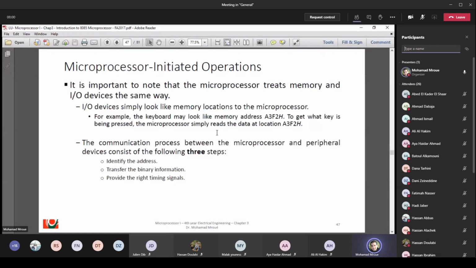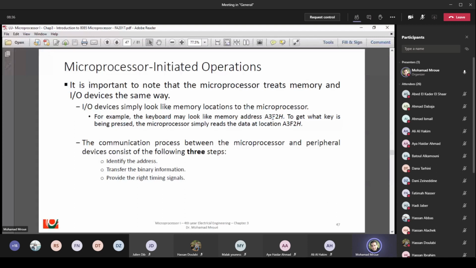It's important to note that the microprocessor treats memory and input-output devices the same way. So input-output devices simply look like memory locations to the microprocessor. For example, the keyboard may look like a given memory address. Now we know that the address for the 8085 is 16 bits. So I will have 4 digits in hexadecimal, like A, which is equivalent to 1010, 3, which is equivalent to 0011, F, which is four ones, 2, which is 0010.